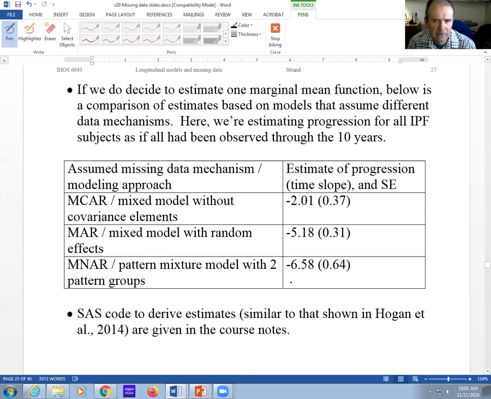And so again, it's kind of like the issue of correlation. If you have a compound symmetric correlation structure, it's probably not good, but it's better than not having anything. If you do missing at random and the data really are missing not at random, it's a lot better to assume that than to just have the really simple missing completely at random.